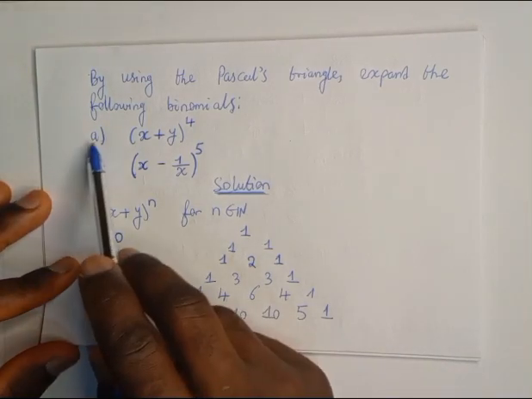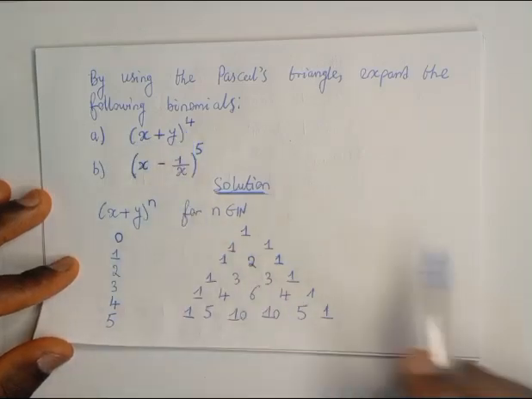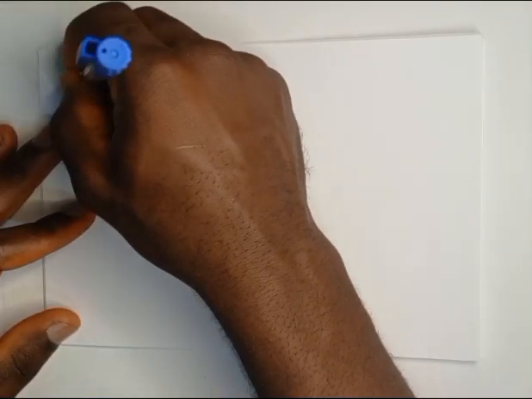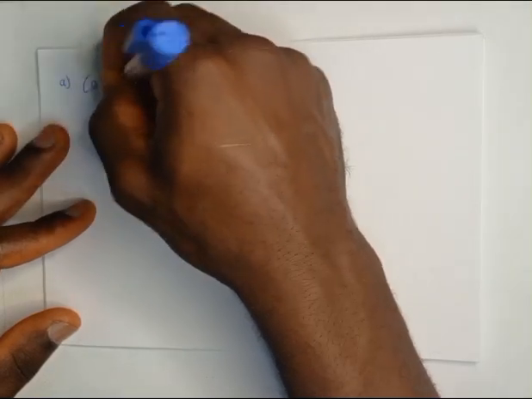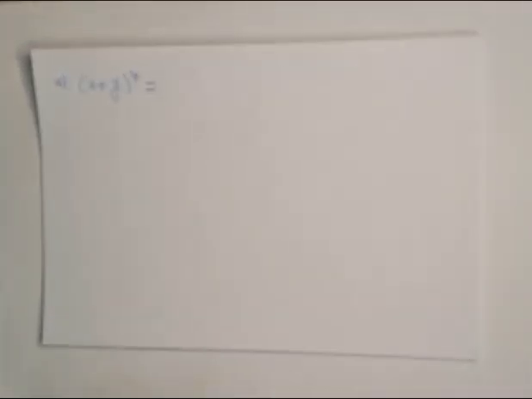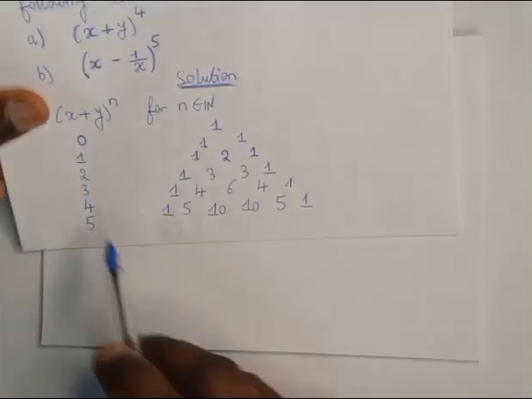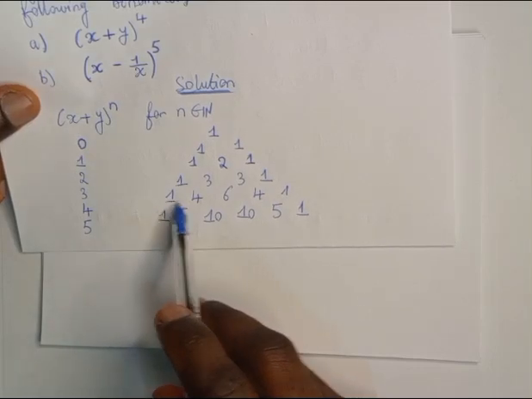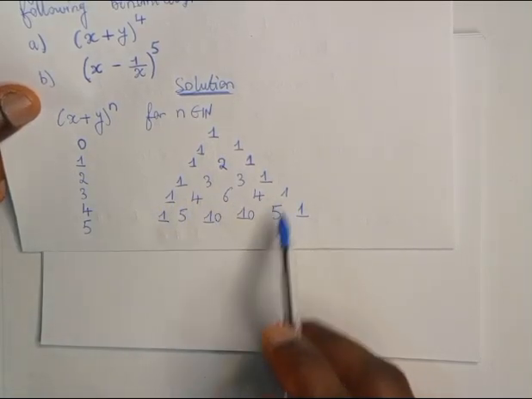We go now to the first question, which is x plus y raised to the power 4. We have to expand x plus y, all this raised to the power 4. It will simply be equal to, when n is equal to 4, we are going to copy the coefficients. When n is equal to 4, we have 1, 4, 6, 4, 1.